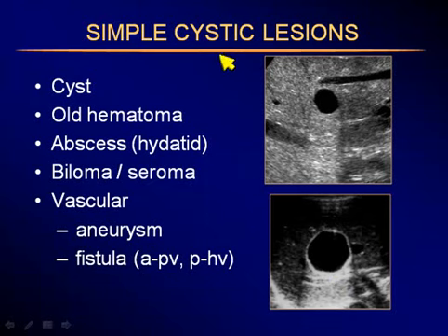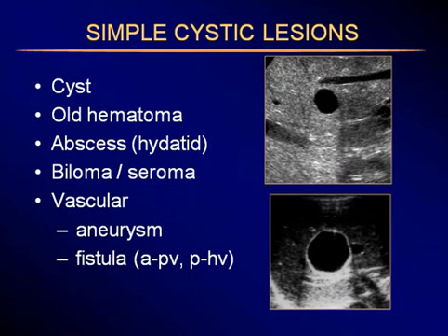What else can be a simple cyst? Well, an old hematoma, a hydatid or echinococcal abscess, which this is. This is a patient from Egypt who had a solitary cyst, and eventually this was diagnosed to be echinococcal. A biloma or a seroma can look like a simple cyst.